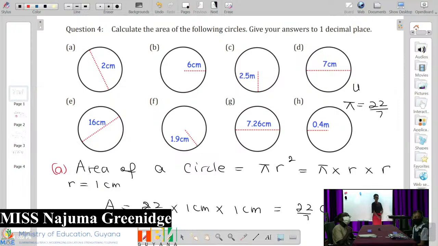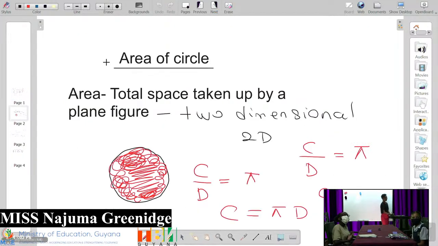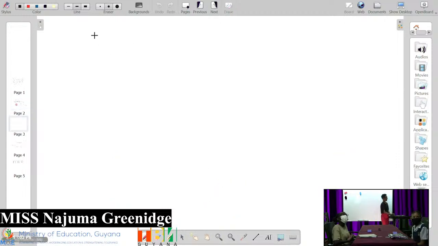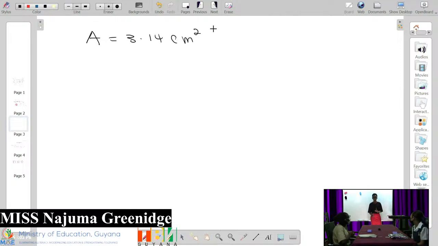So if we divide 22 by 7, you know exactly what we're going to get. What is it as a decimal? 3.14. Right? And that's pi. So the area is equal to 3.14 cm square. Note that area is always in cm square or square units, right?